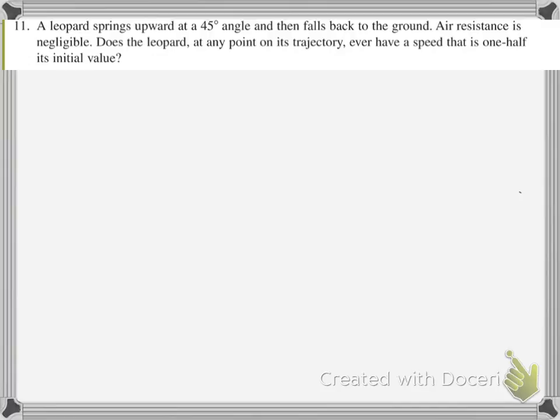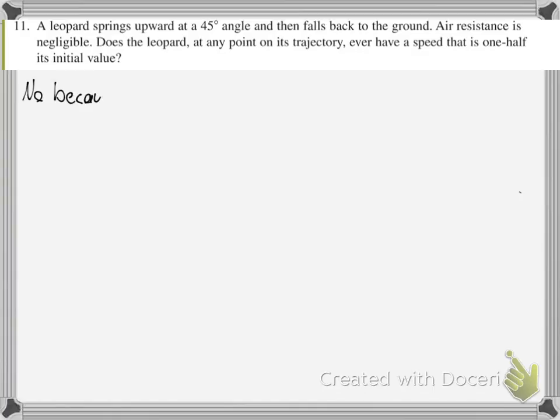Okay, so question 11 says a leopard springs upward at an angle of 45 degrees and then falls back to the ground. Air resistance is negligible. Does the leopard at any point on its trajectory ever have a speed that is 1/2 of its initial value?